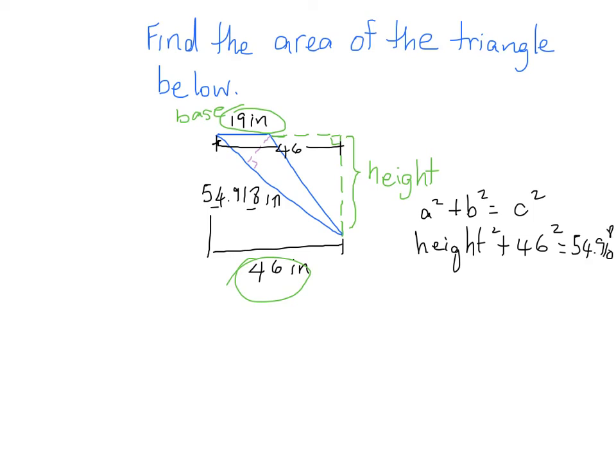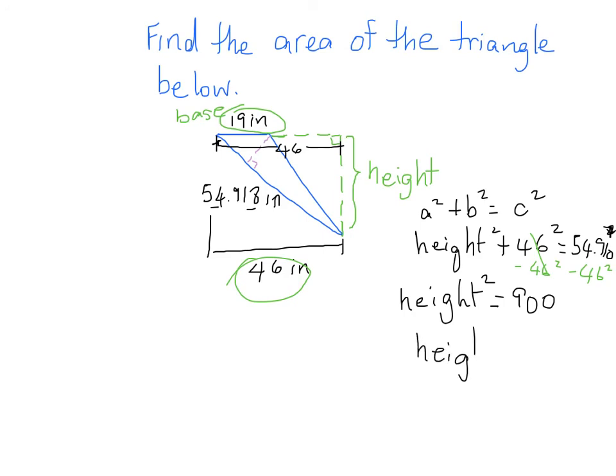So we can complete our Pythagorean theorem. Height squared is equal to 900 when you subtract 46 squared from both sides. And so our height is actually equal to 30.